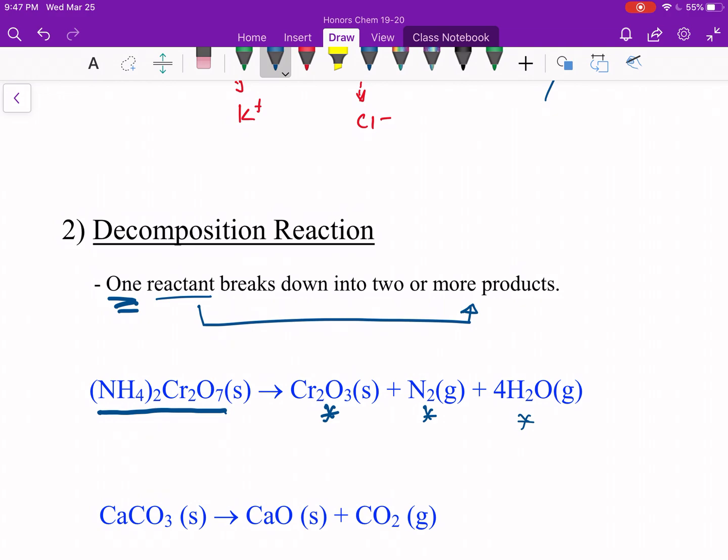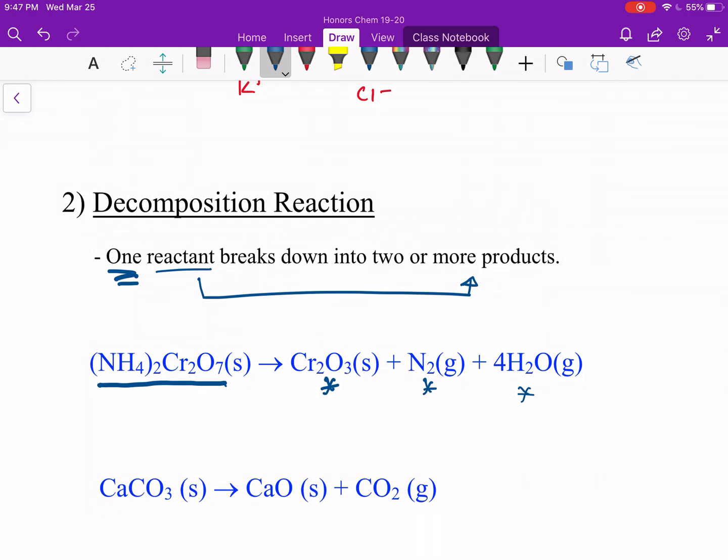Now, this is pretty complex. This is something that I wouldn't expect you to predict, right? But I just want to show you, like, we can get at least 2 or more. So here's an example where we're going to get 3. Another one where we can have calcium carbonate decomposing, right, into calcium oxide and carbon dioxide. So 2 examples of decomposition reactions.